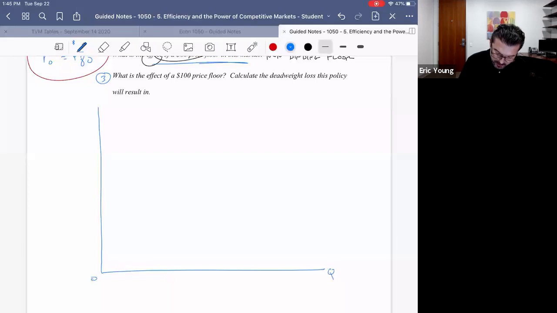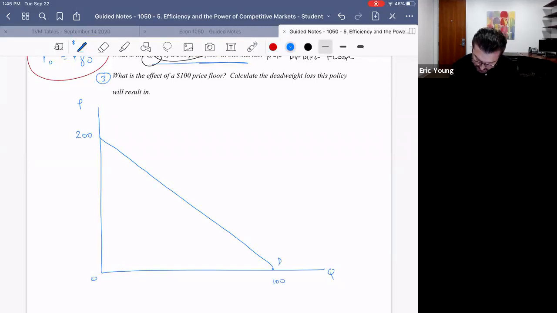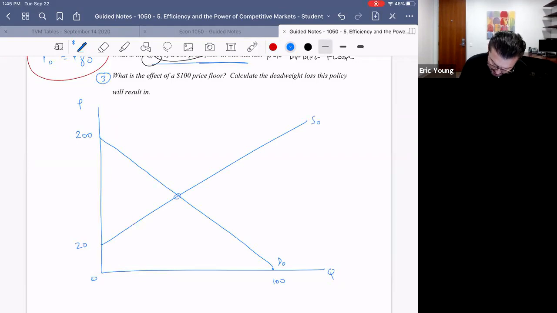Q, 0, and P. We know that we have a demand curve that goes from 200 down to 100, and the supply curve that starts at 20 and that it's going to hit here 80, 60.